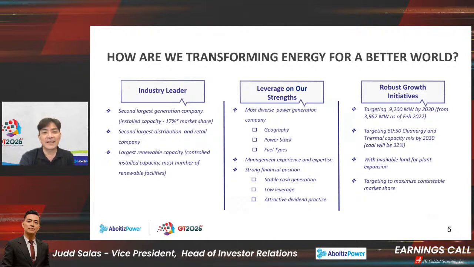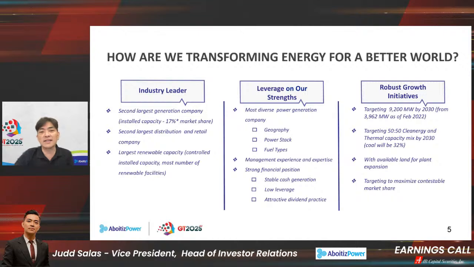Now, how exactly are we transforming energy for a better world? First of all, fun fact. Did you know that 1 in every 5 megawatts of installed capacity in the Philippines is from Aboitiz Power? This means that as an industry leader, we are able to deliver on our mission to the country and the grids that we serve in a very significant and meaningful way.